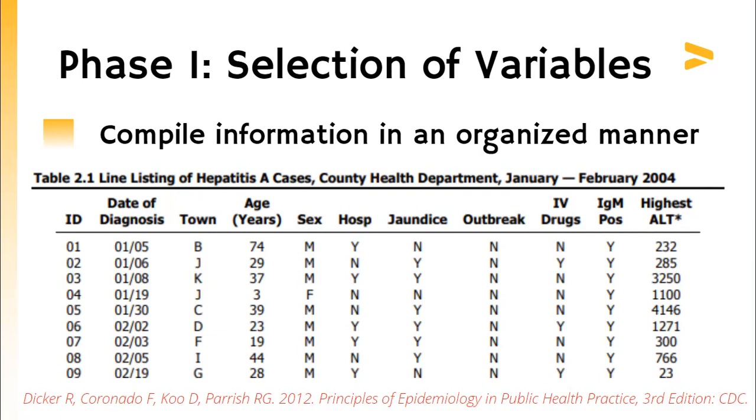Shown here is a table lifted from Principles of Epidemiology in Public Health, third edition by CDC. This table shows the cases of hepatitis A in a county health department from January to February 2004. In other words, in line listing your data, you make a list of the information on the different variables involved in your study.